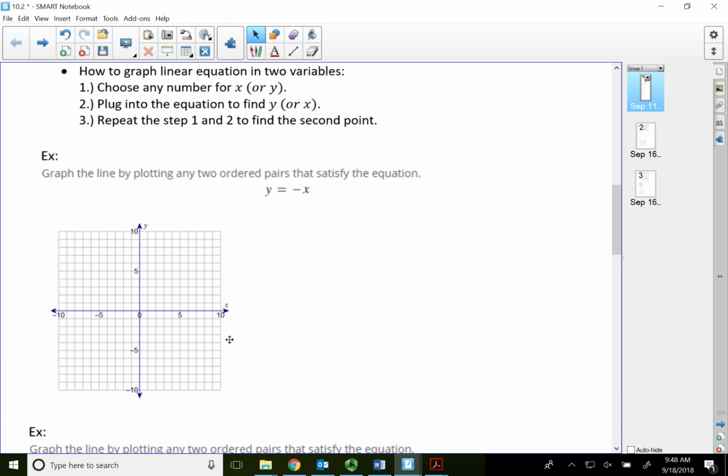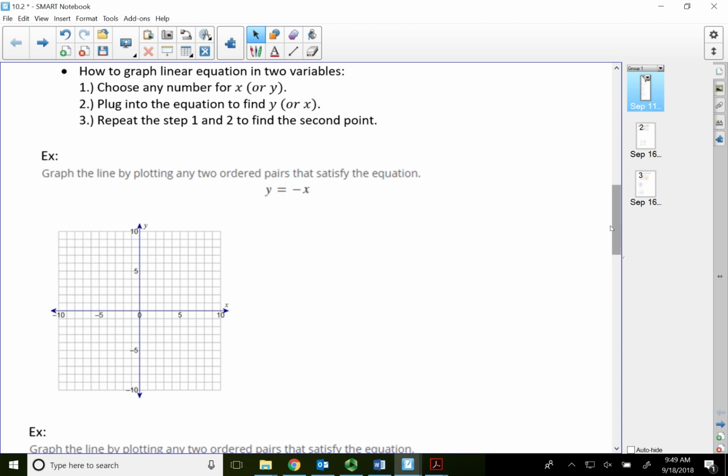I'm trying to avoid decimals or fractions because my grid, my x and y axis, uses 1 unit at a time.